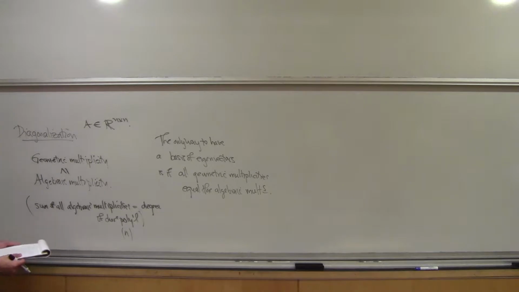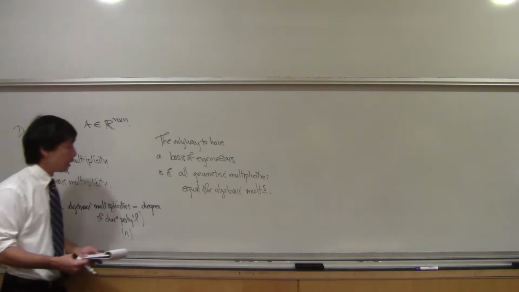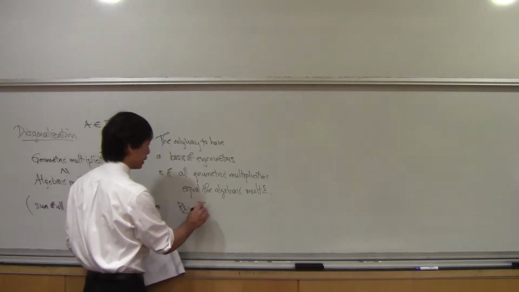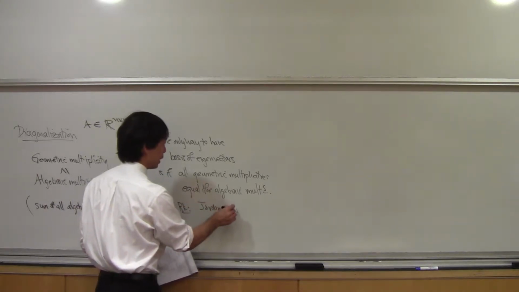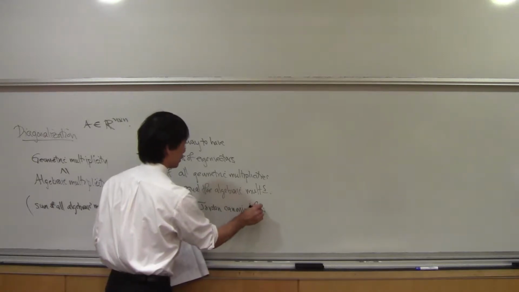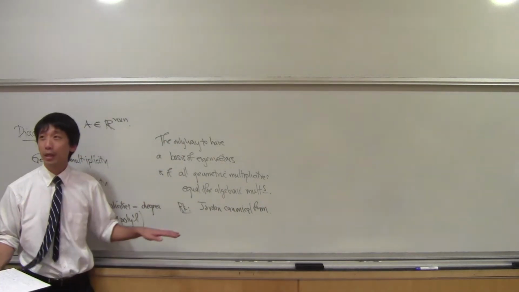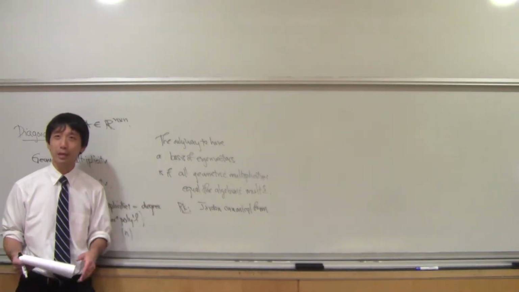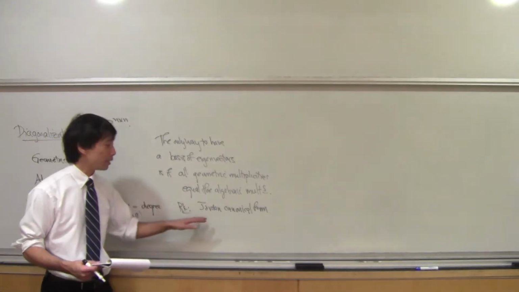So I just want to say that this is a first step towards understanding linear transformations. For some linear transformations, they're diagonalizable, and so their behavior is very simple. If you take a second course in linear algebra, you'll get to something called the Jordan canonical form, which basically says that every linear transformation is close to being diagonalizable.